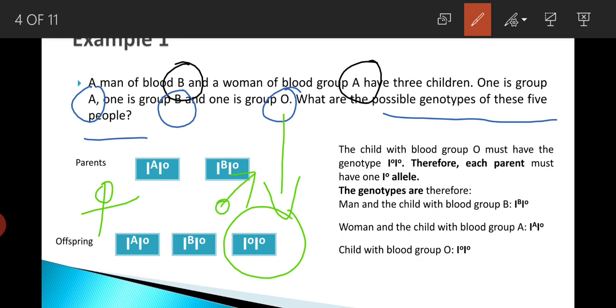And the genotypes of the parents are easily solved from this child.